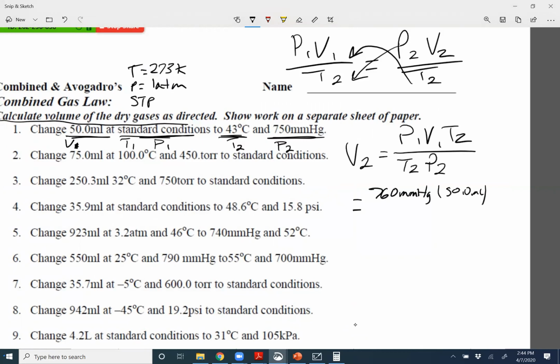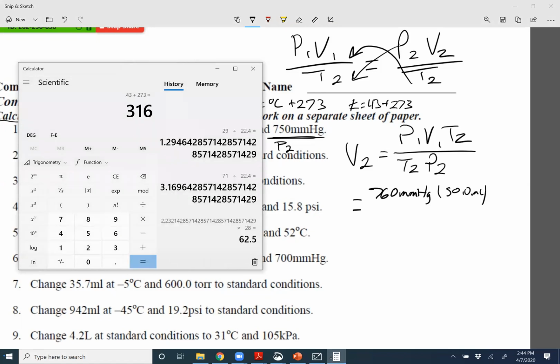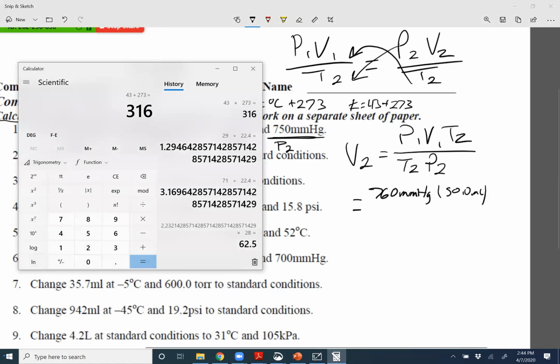And then temperature 2 is 43 degrees C. So we need to change that. Remember that Kelvin is equal to degrees C plus 273. So we're going to add the 43 to that. So the Kelvin is going to be 43 plus 273. For those of you who want to use a calculator, bust out that calculator. 43 plus 273, 316.